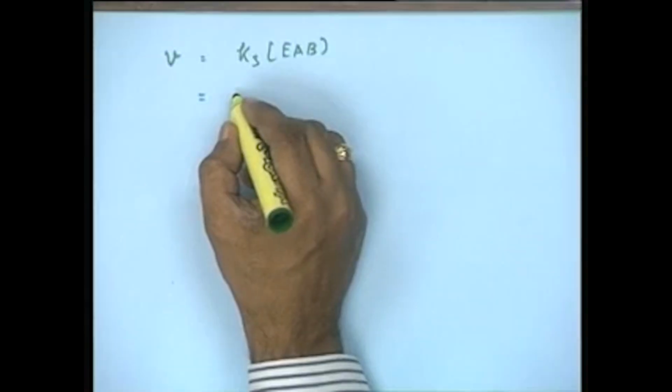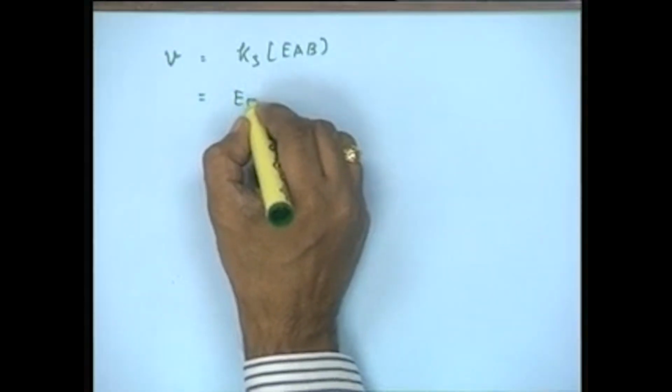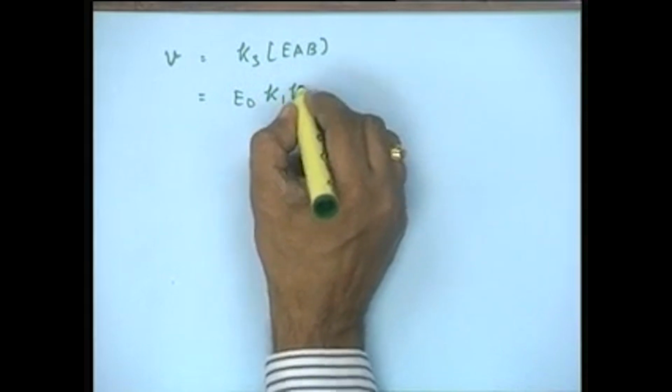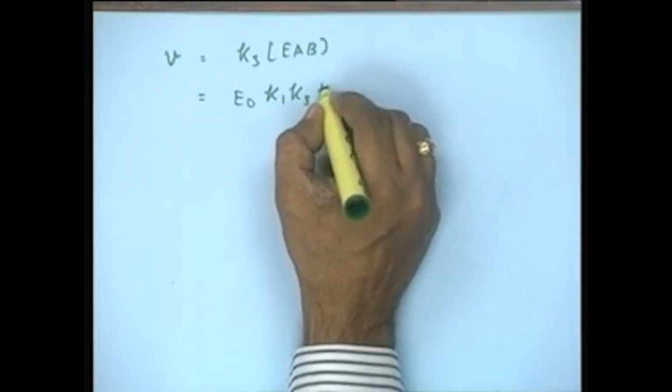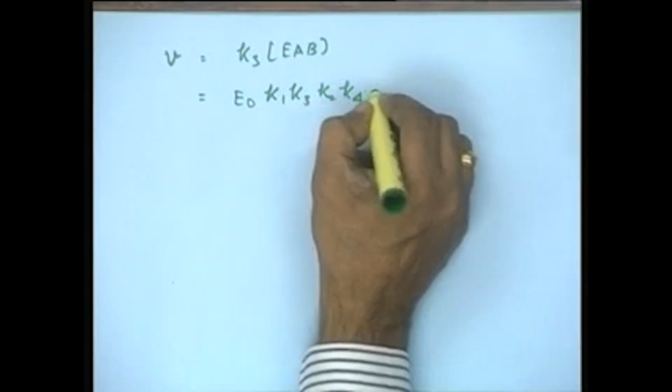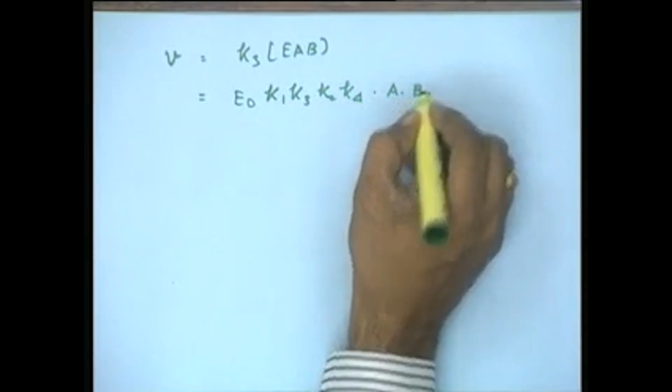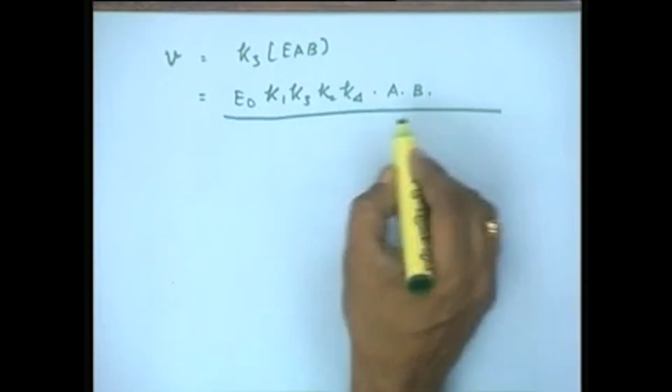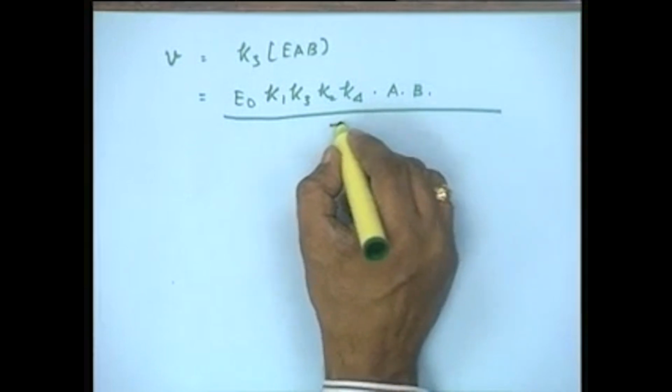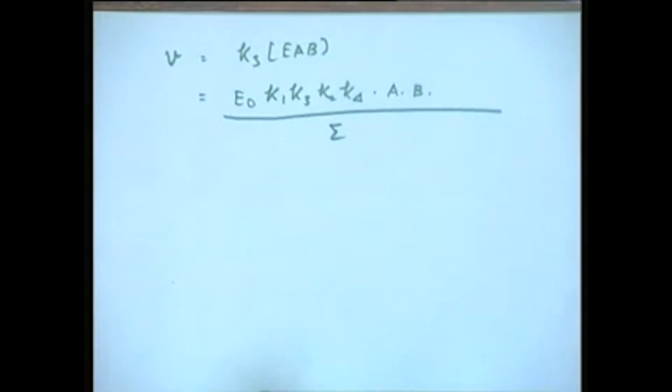And so, if you substitute the value of EAB, you get E naught K1 K2 K3 K4 into A into B whole upon sigma, the total sum of all the numerators of the earlier species.